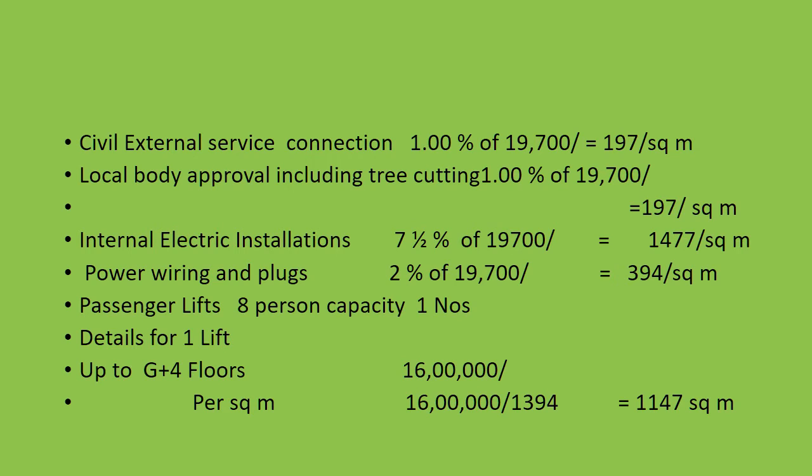Internal electric installations: in the original specification it is 12.5%. If inferior specifications are there, necessary deduction has to be made, so here it has been reduced to 7.5%. Passenger lifts, 8 passenger capacity, one number only.